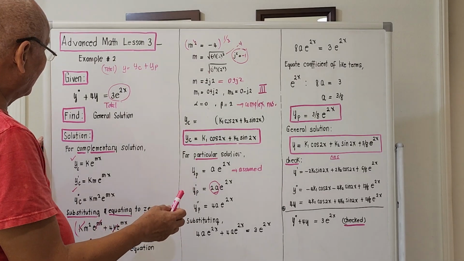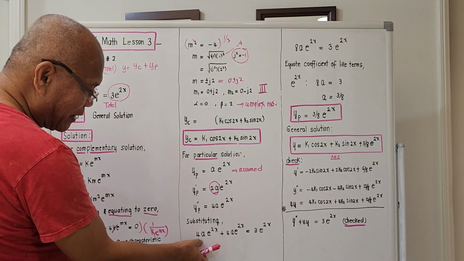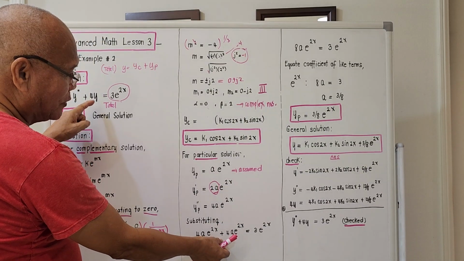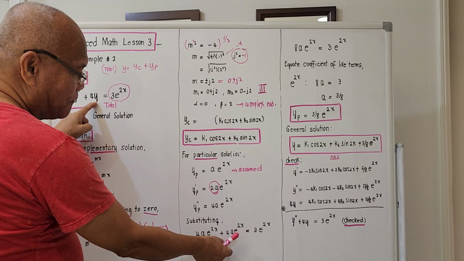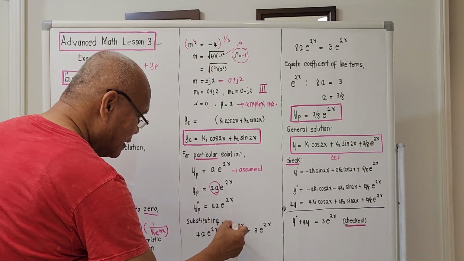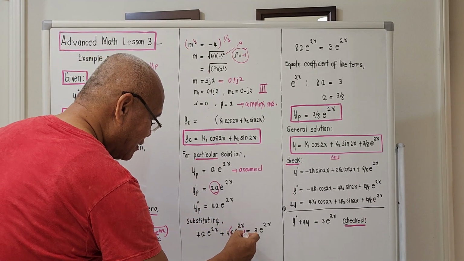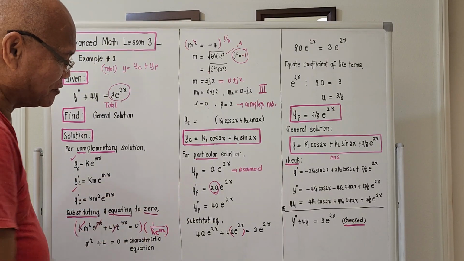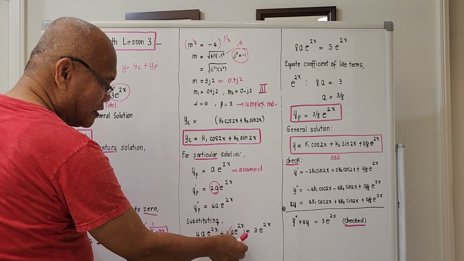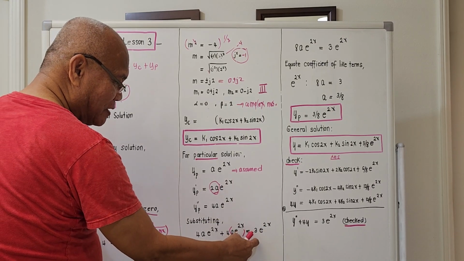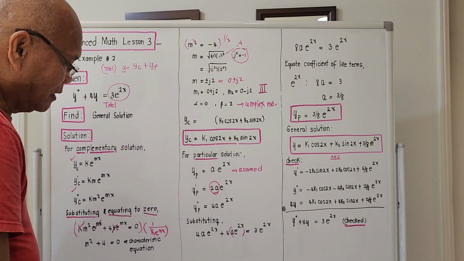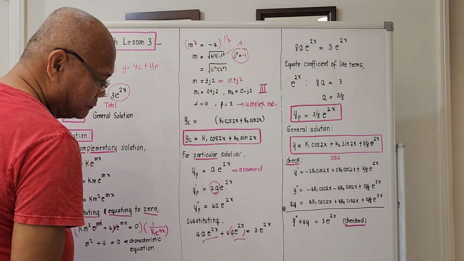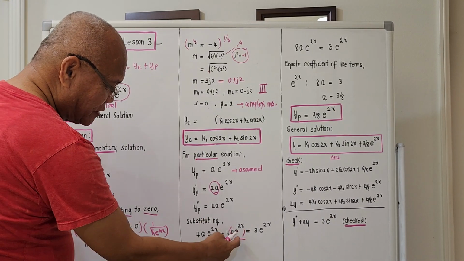You take the value y double prime to be 4a times e to the 2x plus the product of 4 times the value y. But what is y? Y for the meantime is a times e to the 2x, equal to 3e to the 2x. These are similar terms. This is e to the 2x, this is e to the 2x.